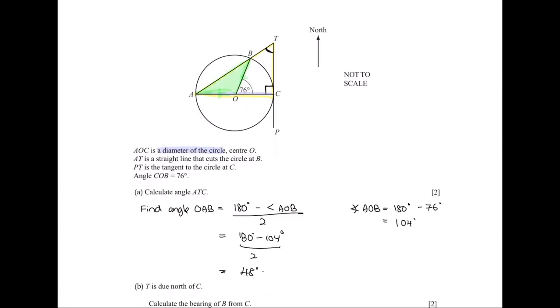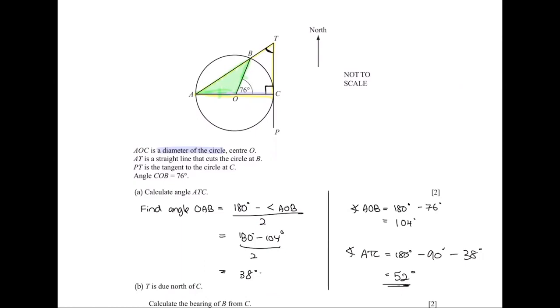Okay, not 48, 38. After that, I can say that angle ATC is equal to 180 minus 90 minus 38, which is 52.